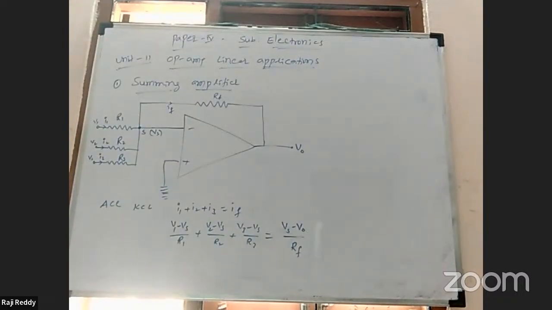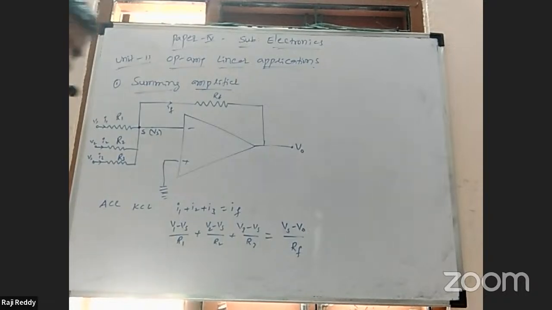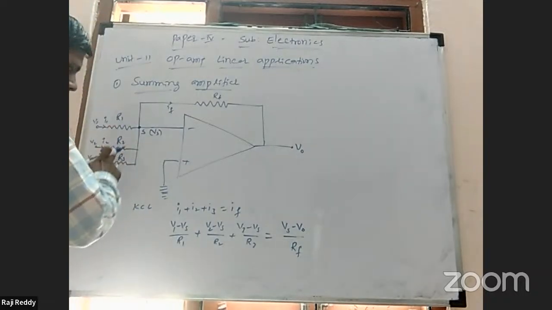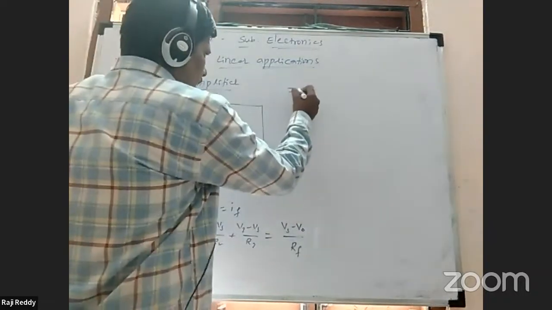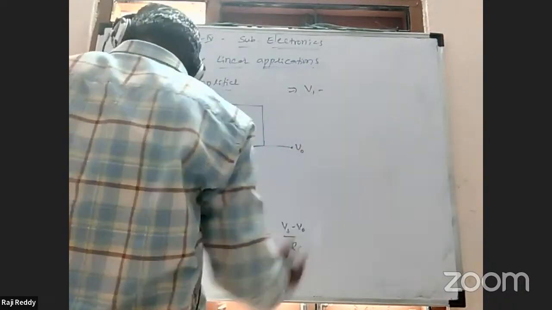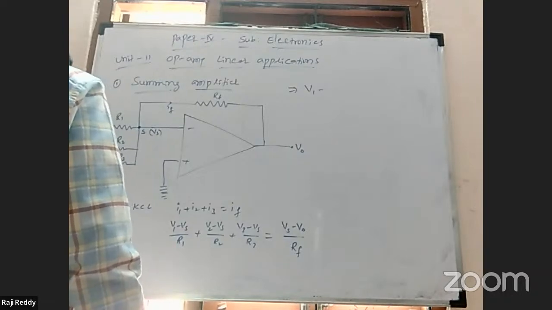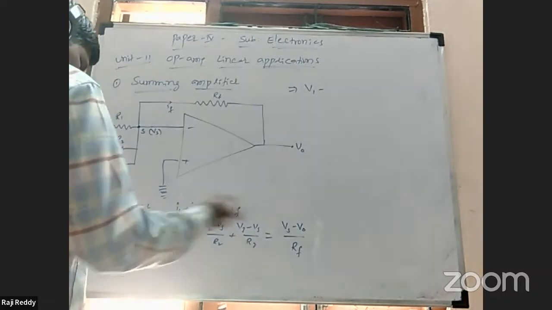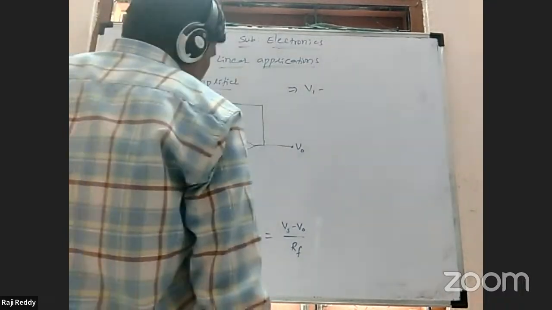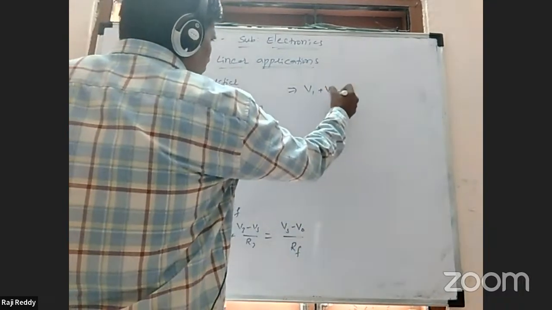If you give the ground connection, the voltage difference is simply V1, V2, V3. These are in parallel, so the voltage remains constant. It can be written as V1 by R1, and so on. If all the resistors are ideal, then you can cancel, and we get V1 plus V2 plus V3.